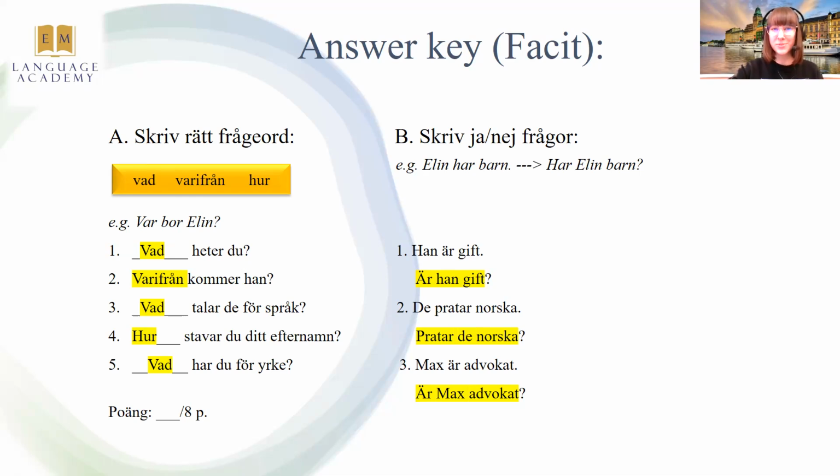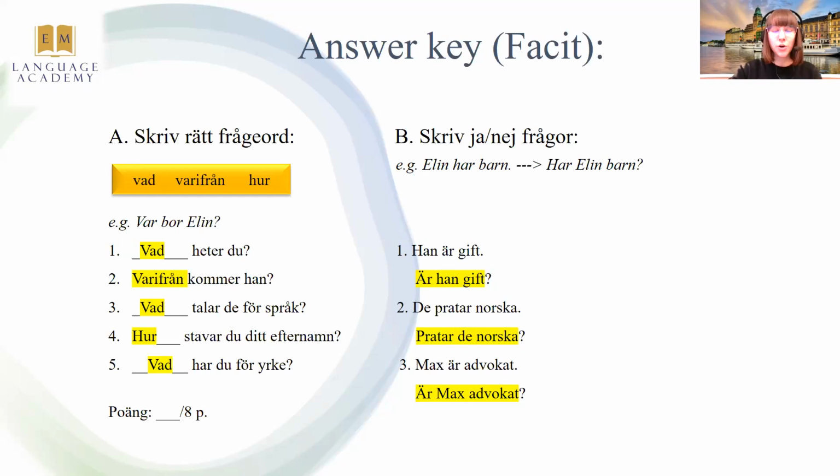Now, this might have been a tricky one, right? A question that we had quite a long time ago, but the correct question word is hur. Hur stavar du ditt efternamn? How do you spell your surname? And finally, Vad har du för yrke? What is your profession, or what is your job, right?